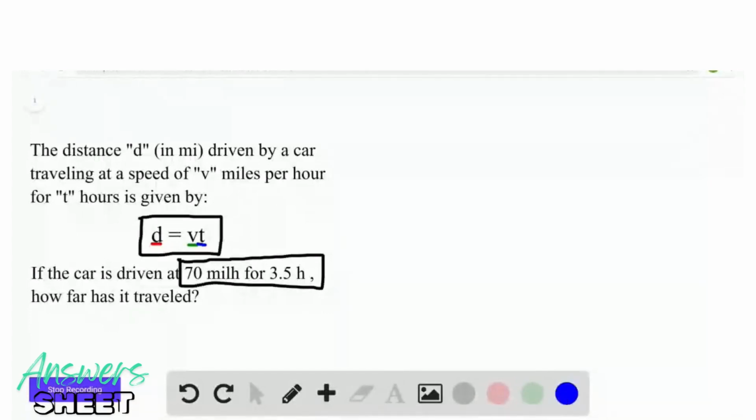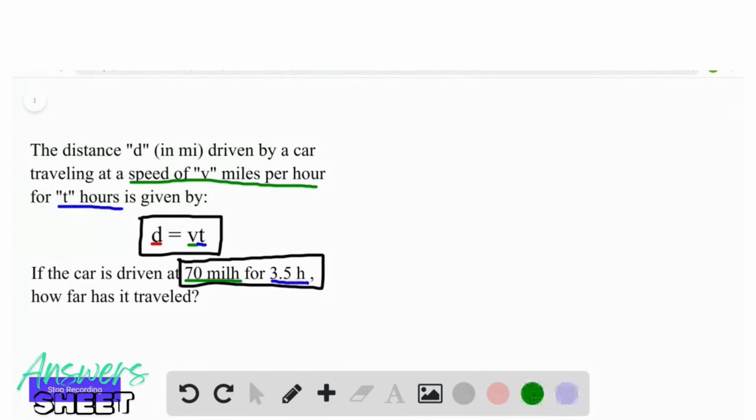And looking at our values, we can assign each of them to their variables just by looking at the definitions. So since v is miles per hour, the speed, we can assign the 70 miles per hour to our variable. And similarly, since t is for time and is given in hours, we can assign 3.5 hours to t.